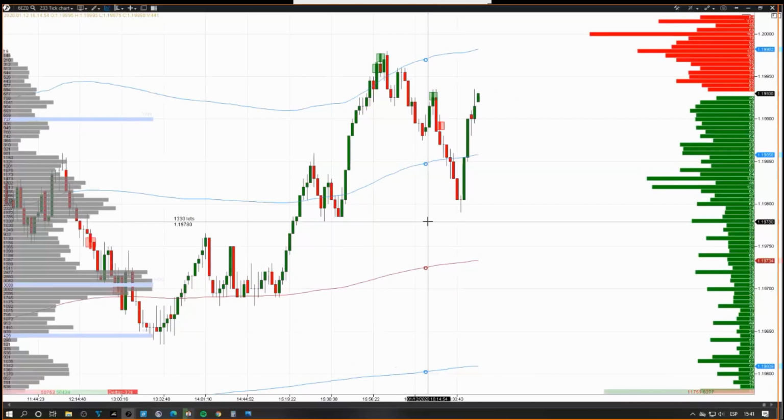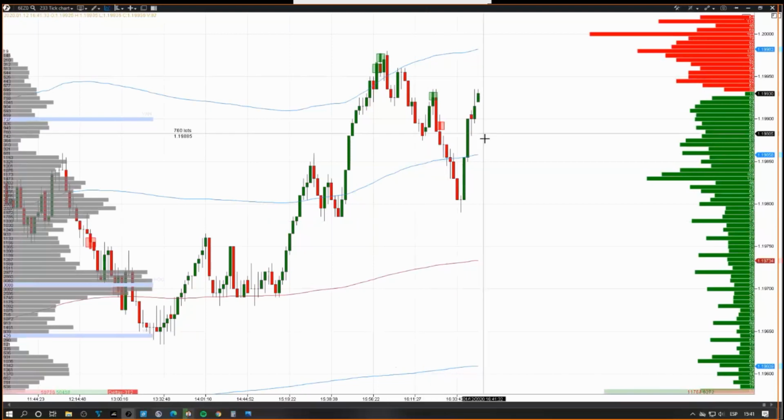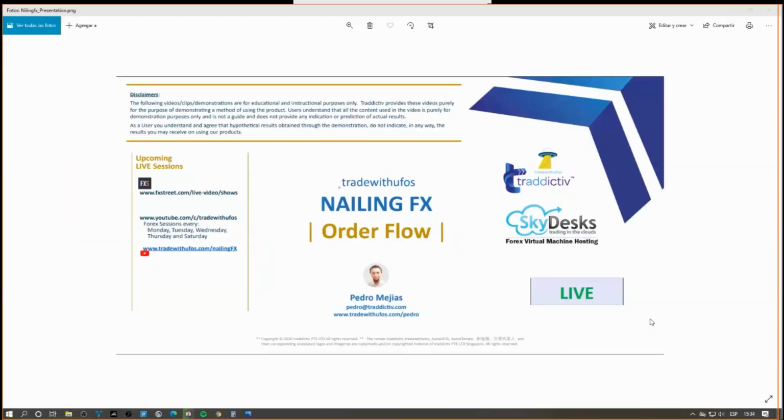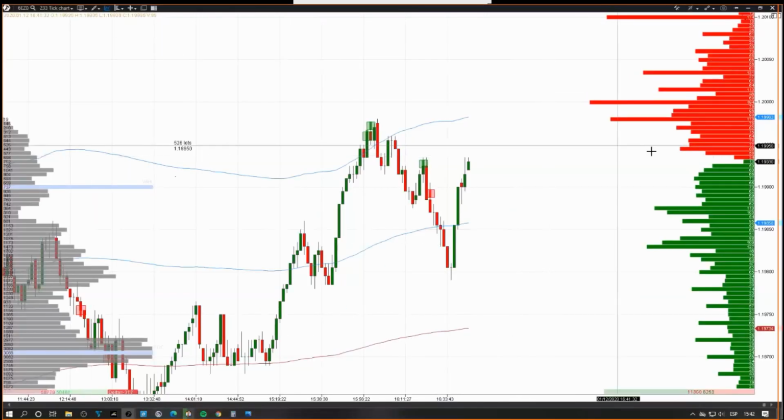Just give me a minute. And here you can see real data, the real feed from the exchange. This is the euro futures, and the price will be slightly different from the forex price of most brokers.